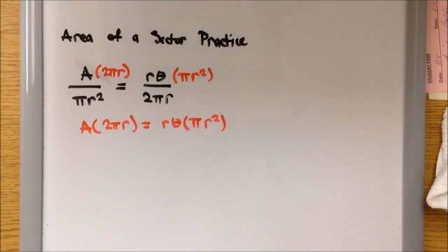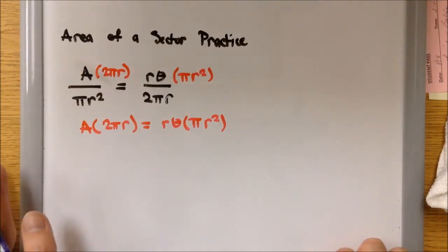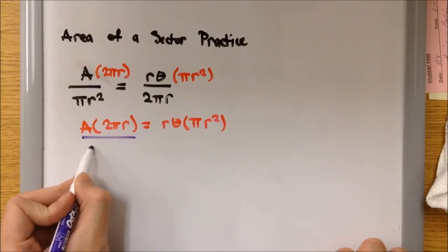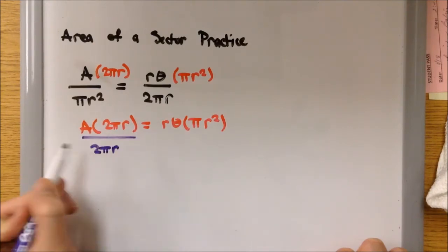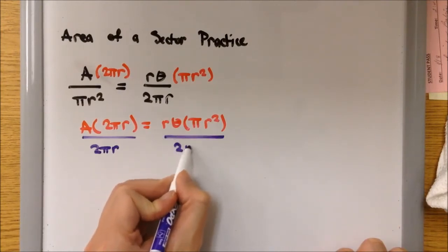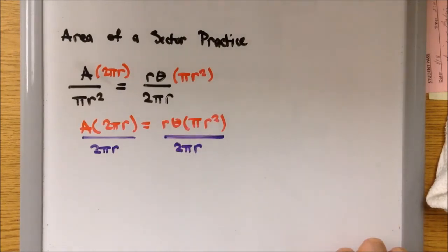Now, I want to get A by itself, so I'm going to divide by 2 pi r. So I divide on the left, I've got to divide on the right.